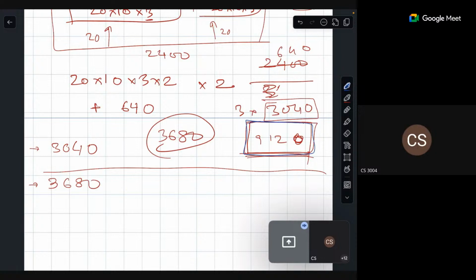The answer in the sheet, 3680, is incorrect. Last term, they missed that there are 3 layers; they considered only 2. There was also some other mistake related to the feed forward FFN part. But this part is correct, 9120.